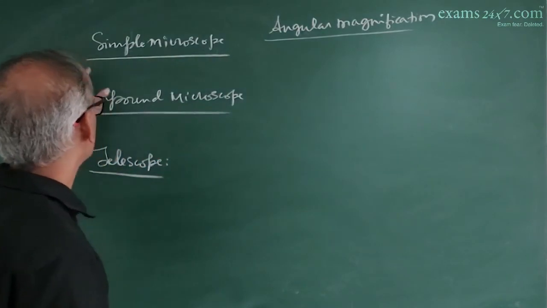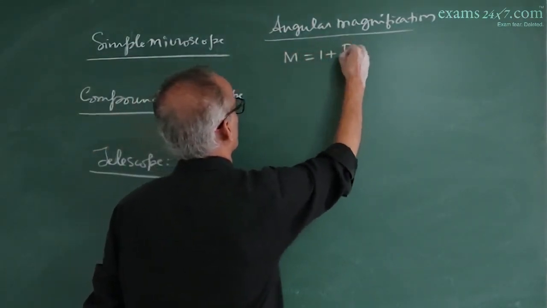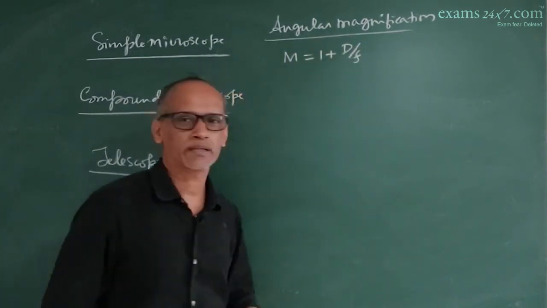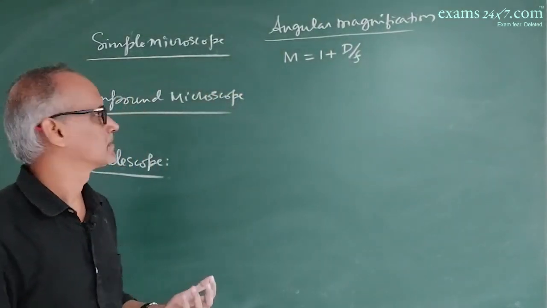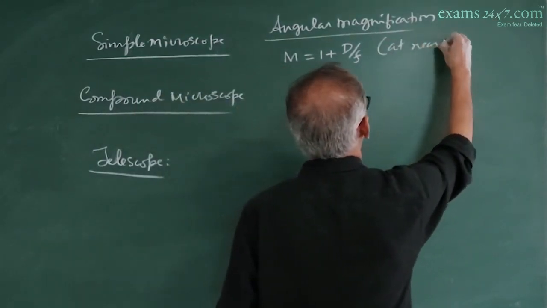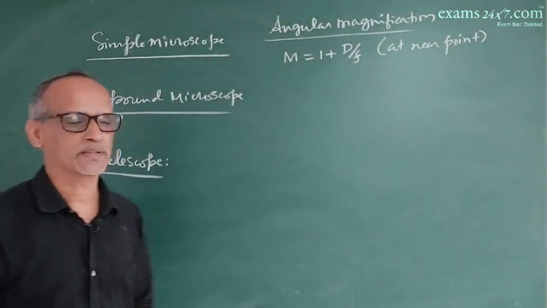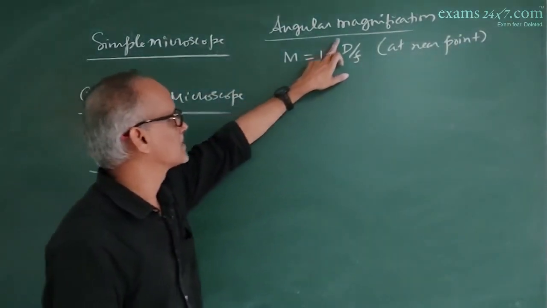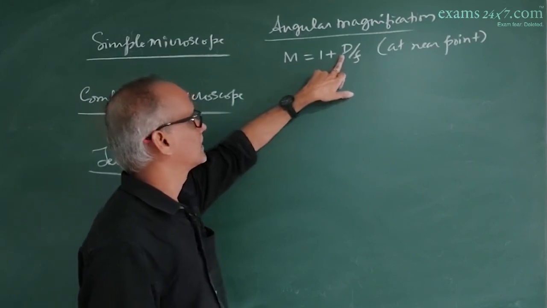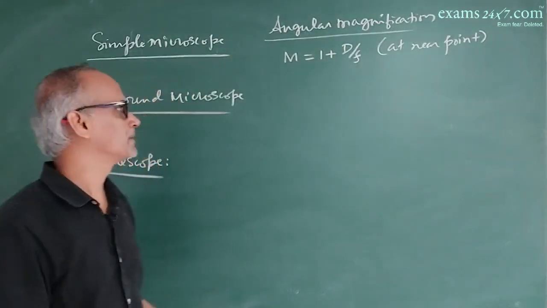So what is the magnifying power of a simple microscope when the image is formed at the near point? It is also called the normal adjustment. So m is equal to 1 plus d by f, where d is called the least distance of distinct vision, which is 25 centimeter for a normal eye.